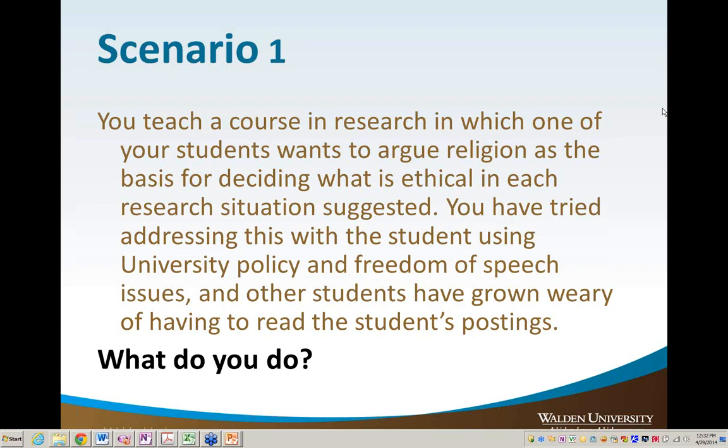So this is a situation where you've got one student who is sort of badgering you as the faculty member, but other students as well, in the name of religion. Okay, so that scenario is going to be, what do you do? Okay, so this is scenario one. So remember, scenario one is a religion scenario in a research class.